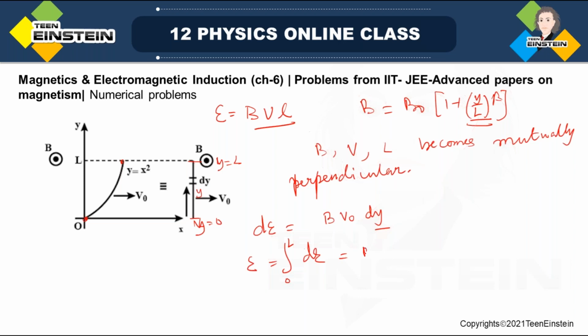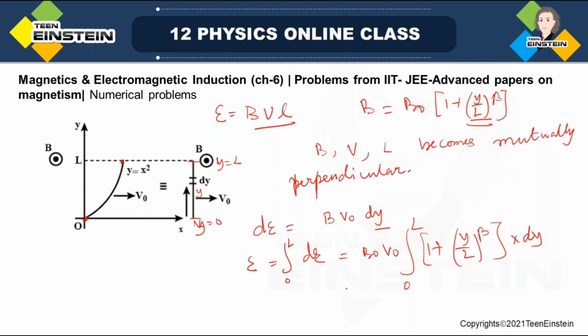So the integral is B0 V0, these are constant terms, and then we can write 1 plus y by L to the power beta into dy. dy will take care of this thing. This is the limit.